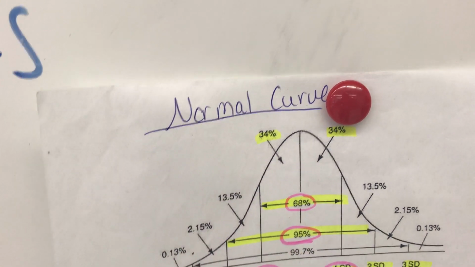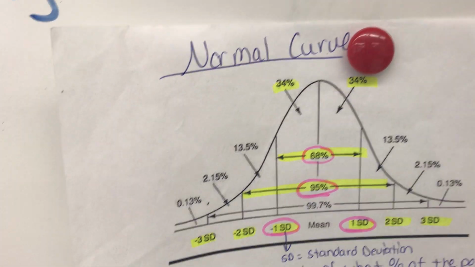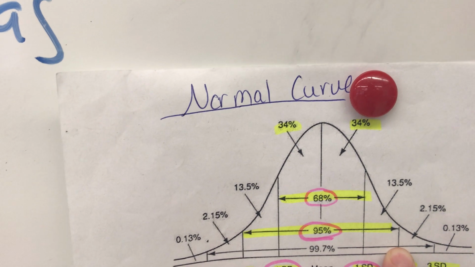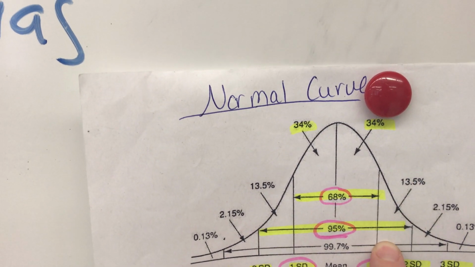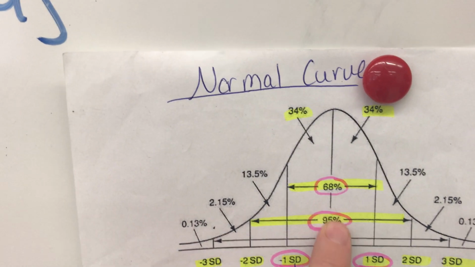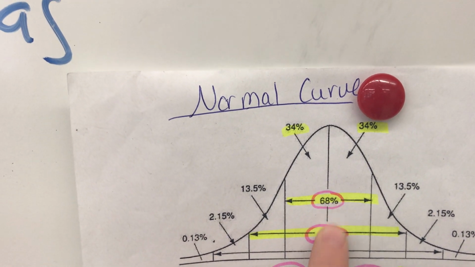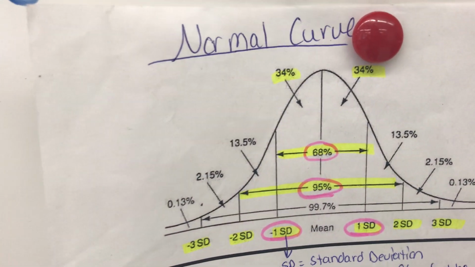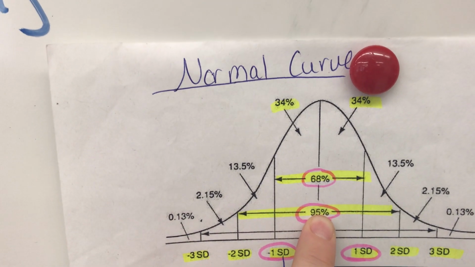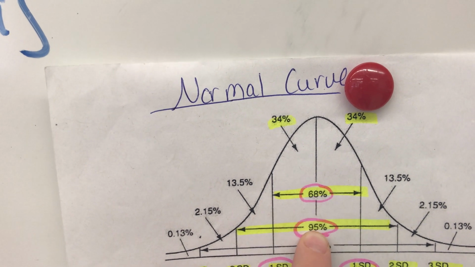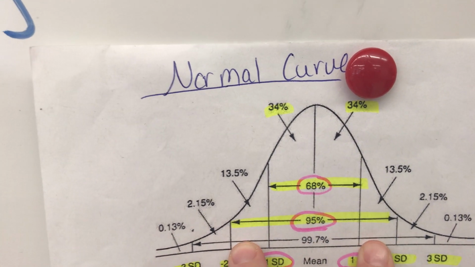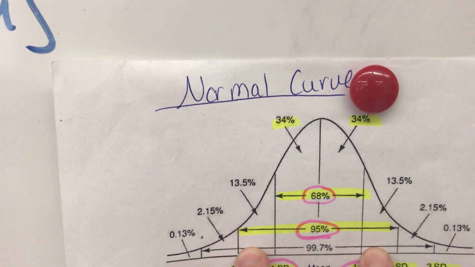Okay. Now, if I wanted to know how much of the population is going to score here right before we get to gifted, the reason why I know that's 13% is because I know this. 95%, well, how about this? If I know 95%, I just subtract 68 from 95. Okay, 95 minus 68 gives me roughly 28.